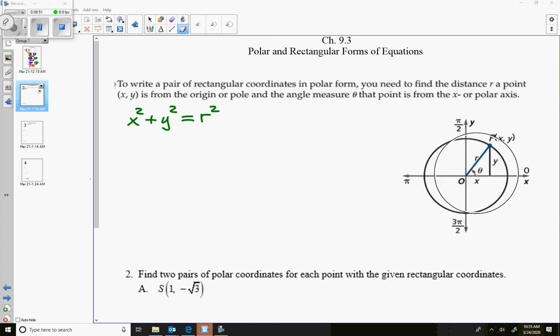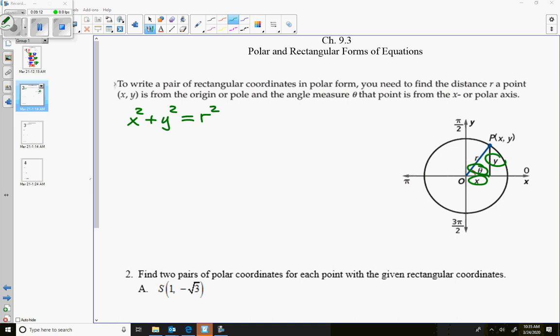Now, what about theta? Well, I'm looking for theta. Again, I know y and I know x. Well, how are those three things related? Okay, SOHCAHTOA. Y is opposite, x is adjacent. That would tell you to use tangent. Okay, but we're looking for the angle.